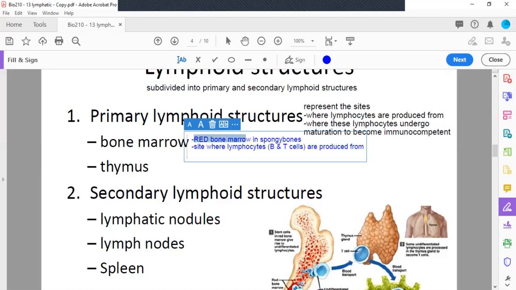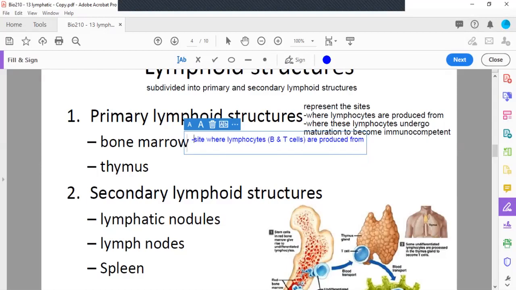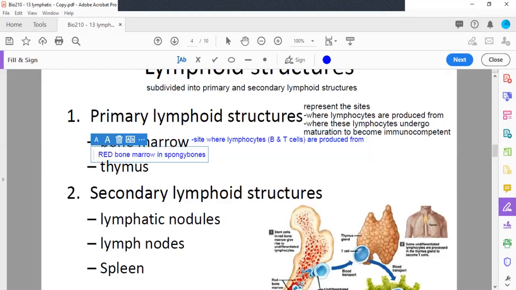And you know what, I'm going to move this over here because I think there's no point mentioning this. I have to be creative on this. Just make sure, you already know the red bone marrow and the spongy bones, right? Yes, of course you do. This is from exam 3.